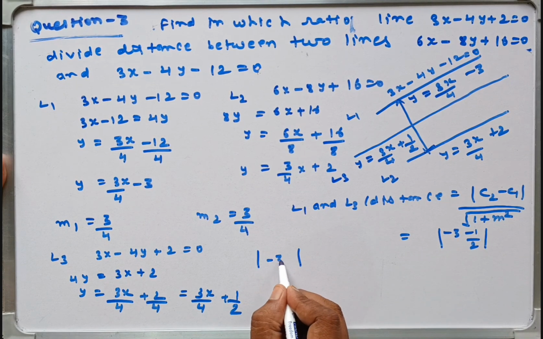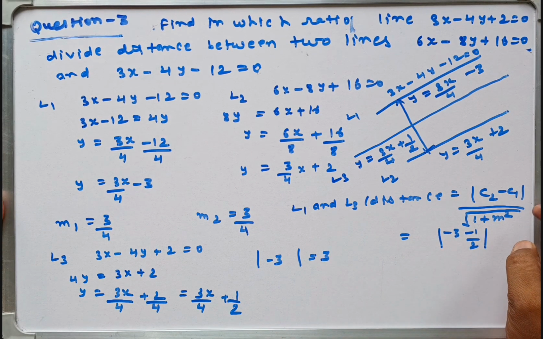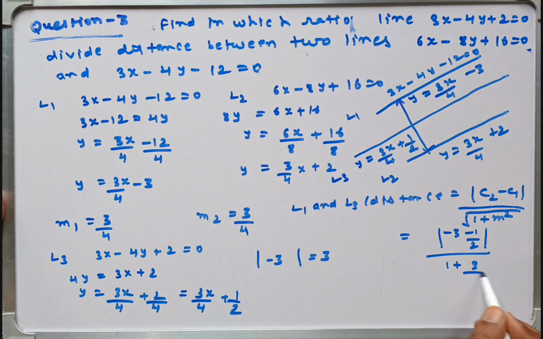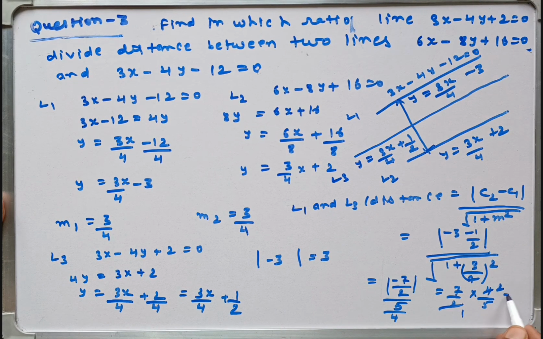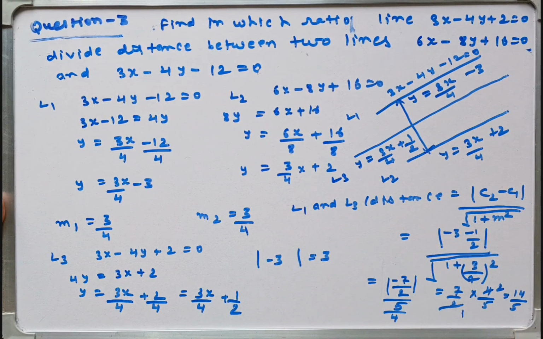If this is minus 3, then this will come a positive number, because distance is always a positive number. Okay, so this is 1 plus (3 by 4) whole square and take under root. When you solve this one, you will get minus 7 by 2 divided by 5 by 4, and this one is a mod, so this is 7 by 2 and this is 4 by 5. 2 ones are 2, 2 twos are 4, so this is 14 by 5. So the distance between L1 and L3 is 14 by 5.